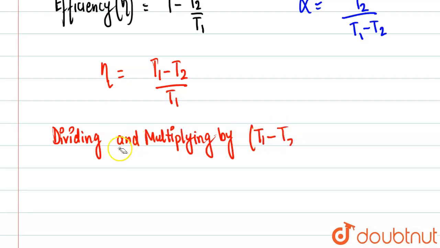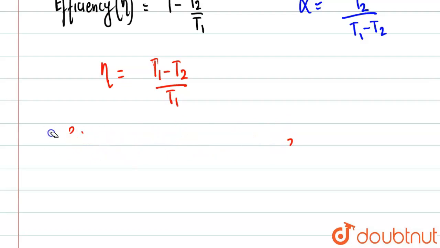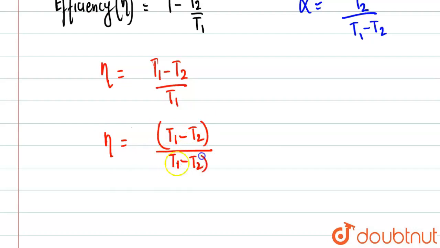Or you can say we'll divide the denominator as well as the numerator with the same quantity, that is T1 minus T2. So T1 minus T2 divided by T1 minus T2 is the numerator, whole divided by T1 by T1 minus T2. I just divided it by T1 minus T2.